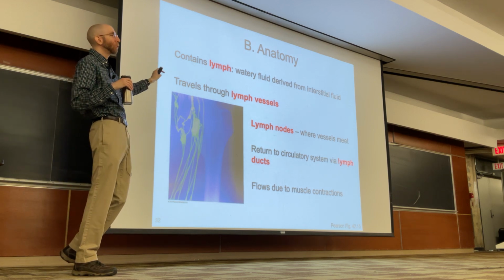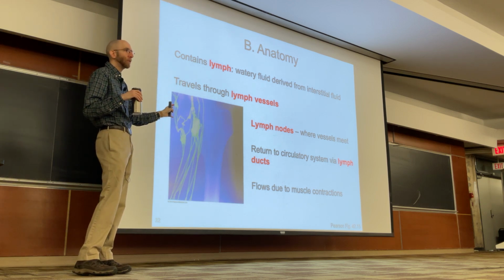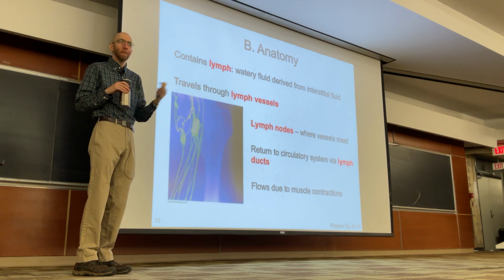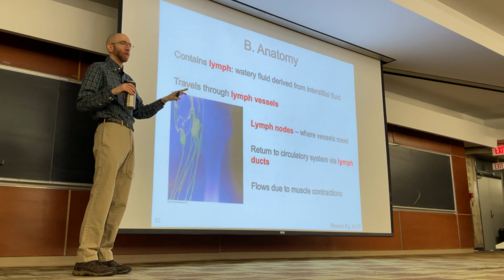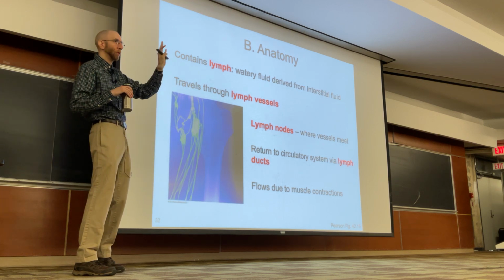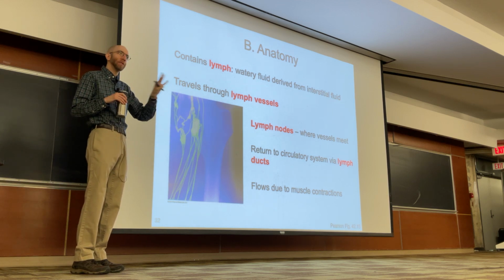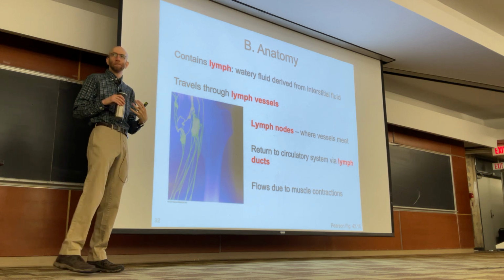So even though you lose some fraction of your blood each circuit through capillary beds, you're going to gain that back via the lymphatic system, and it ends up being at equilibrium. You're keeping all the different volumes constant: the blood, the interstitial fluid, the lymph, even though you're constantly circulating fluid through all three of them.